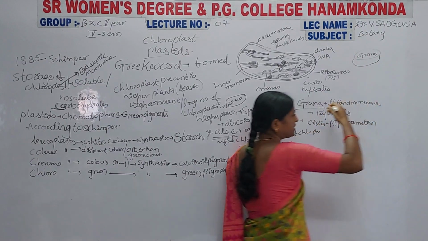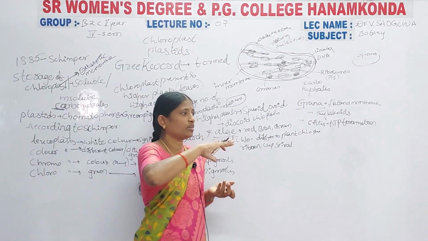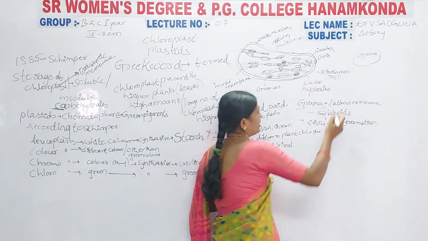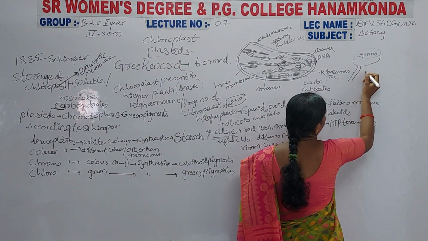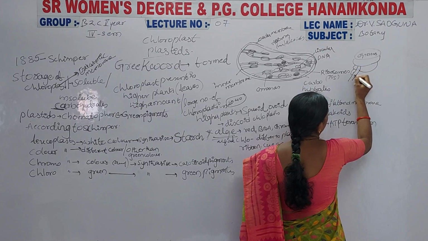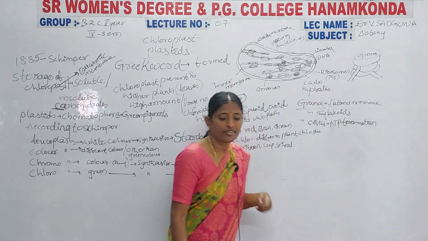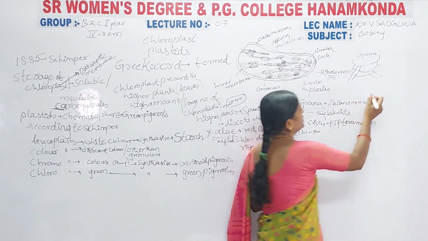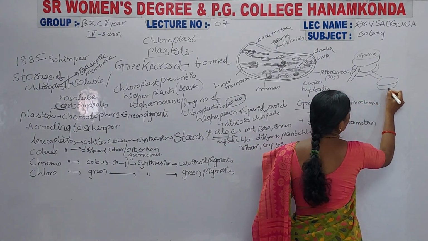One by one, it is a filament type of structure. Then again, there is a different type, attached end to end, which is another type of grana.